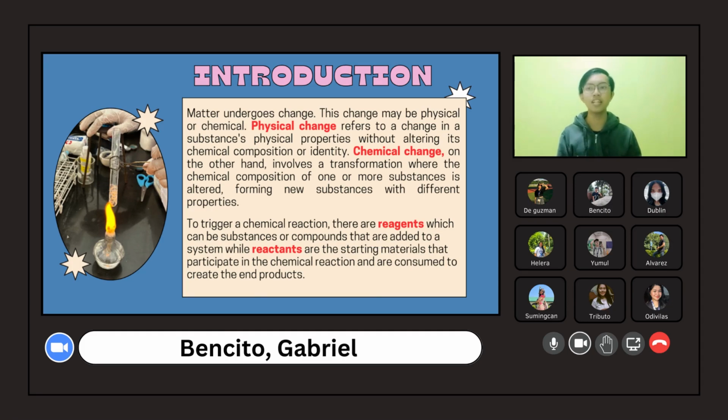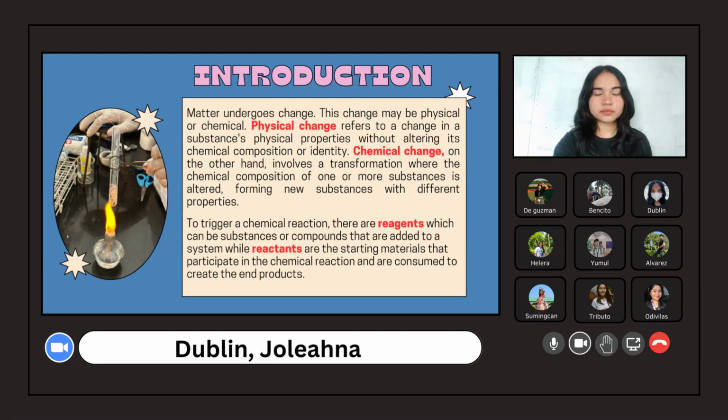Examples of physical changes include melting, freezing, boiling, condensation, sublimation like solid to gas or gas to solid, and changes in physical appearance such as cutting, tearing, or crushing. For instance, if you melt an ice cube, it turns into liquid water, but the water is still H2O molecules, only their arrangement has changed.